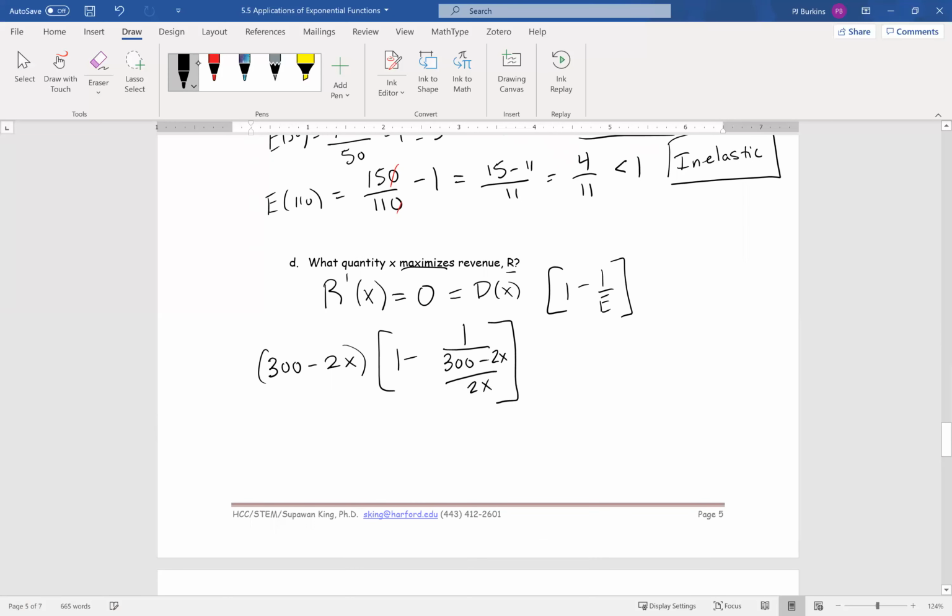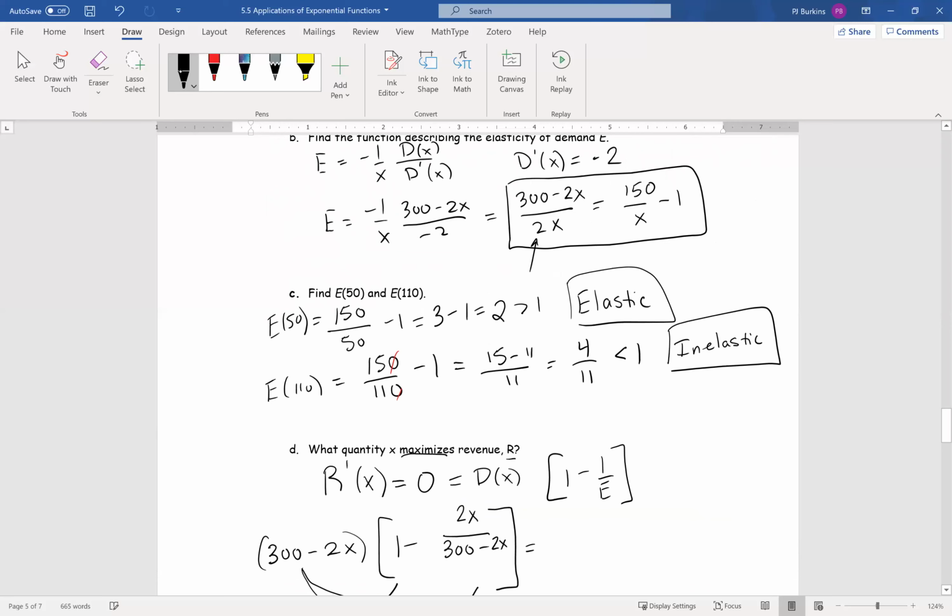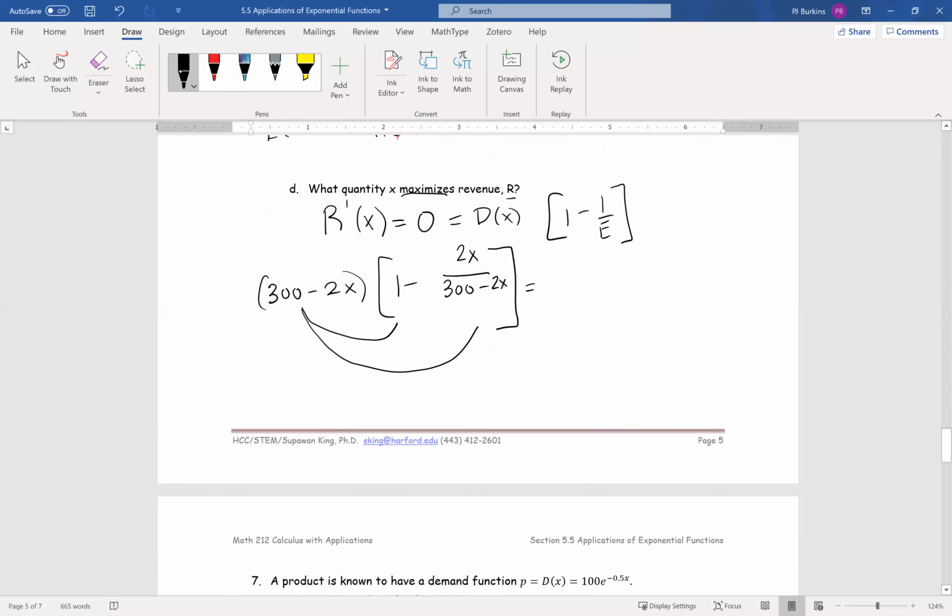Next I would distribute this whole set of parentheses to both terms. Actually, before I do that, 1 over a fraction means I can rewrite the fraction. So this should be 2x over this. Everybody okay with that? If e is equal to this guy, then 1 over e is just the reciprocal.